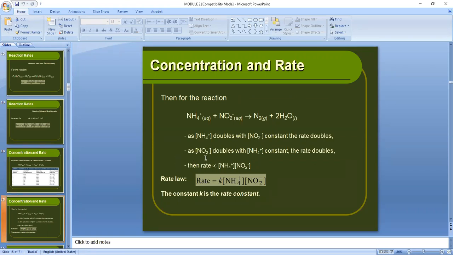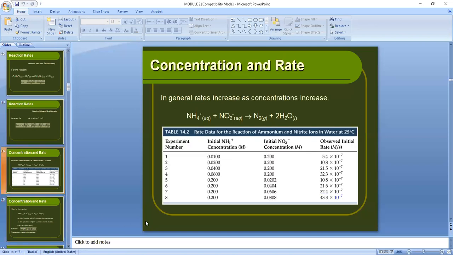As species B is doubled, so that's your nitrate is doubled, your ammonium kept constant, the rate doubles as well. If we go back, you can see here that we have a doubling from 0.0404 to 0.0808. And more or less, if you multiply this by 2, you will have this one.